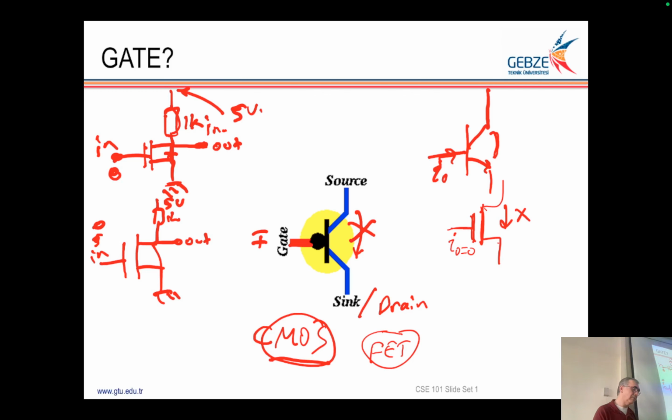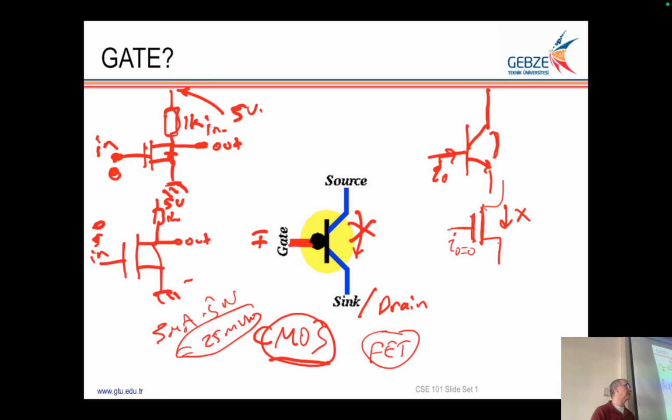Output will be 0. So 5 milliamps and 5 volts. How much power? 25 milliwatt.